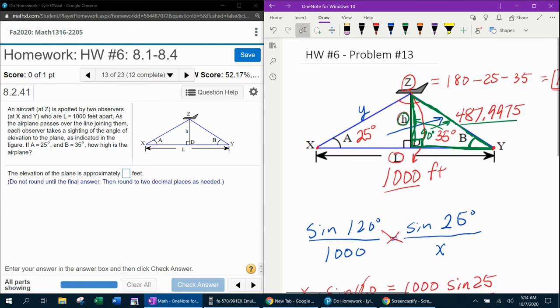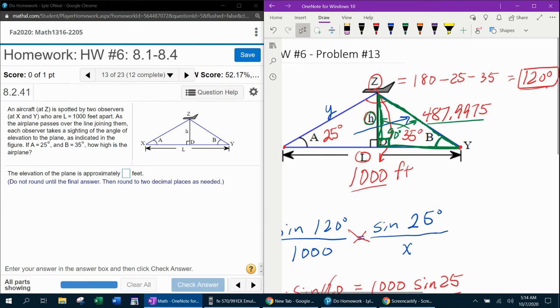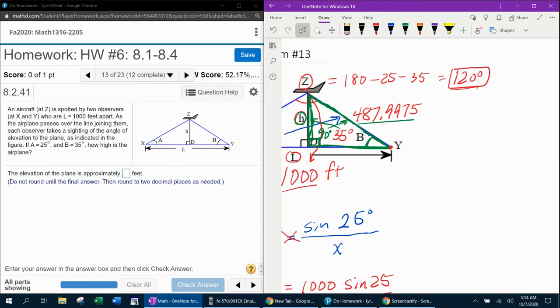Okay, I'm just so close. Let's set up the law of sines again. So sine 90, the 90 degrees, is across from the side 487.9975.